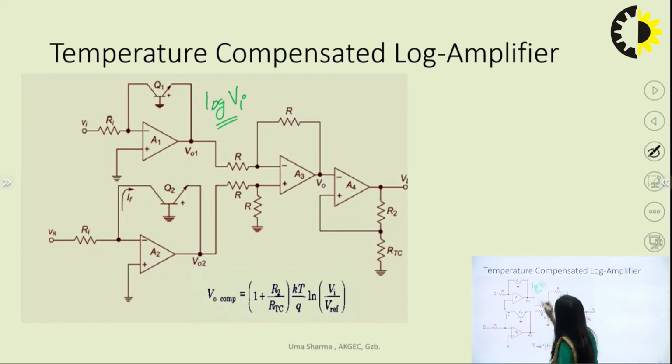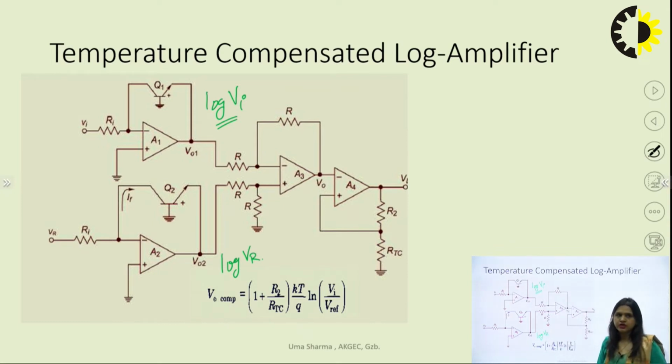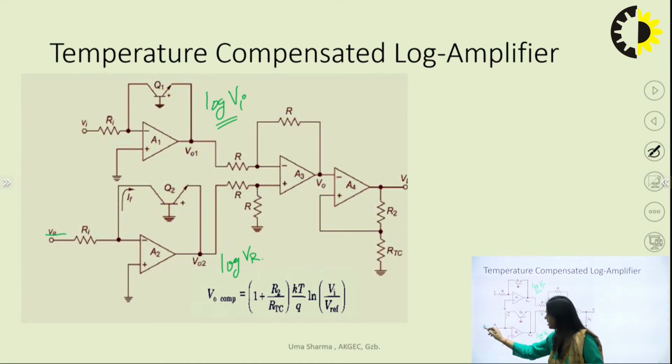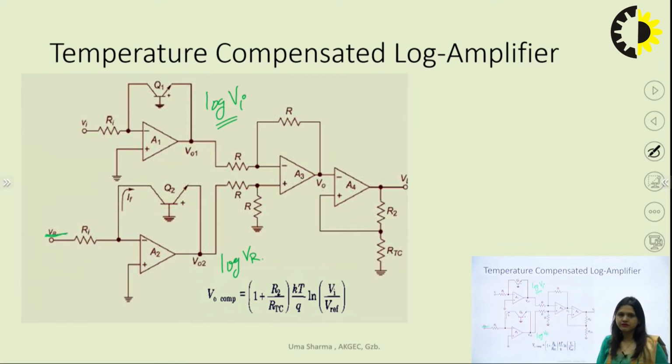So this circuit will calculate log of VI, definitely with some proportionality constant. Similarly, this is also a logarithmic amplifier that can calculate log of VR with a proportionality constant. Here this V reference I have added with the help of some supply voltage.